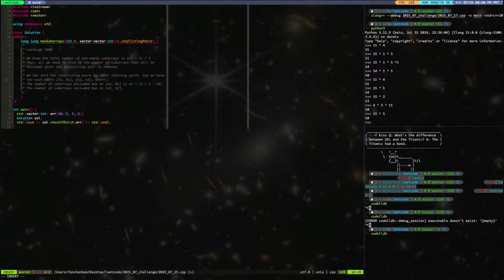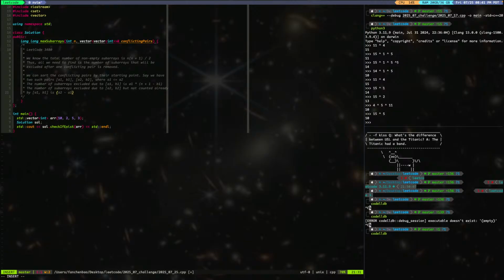where A1 is smaller or equal to A2, right? But not counted already by A1, B1 is A2 minus A1.